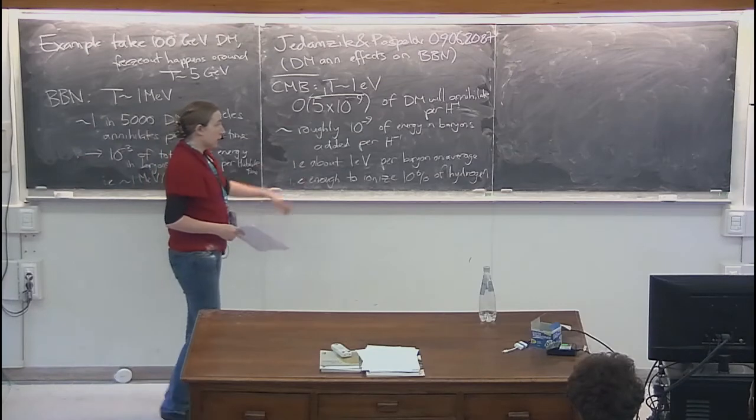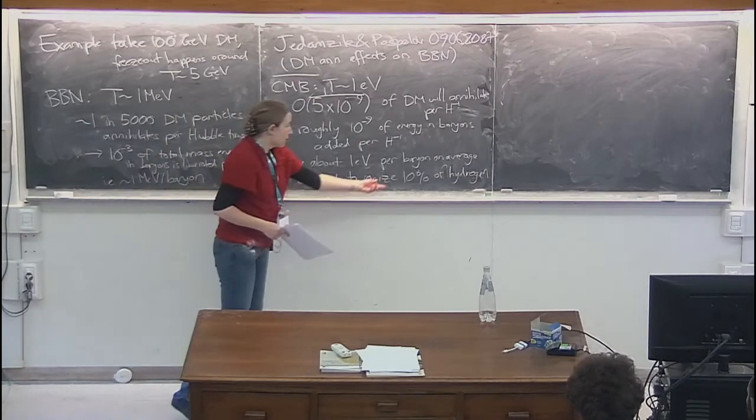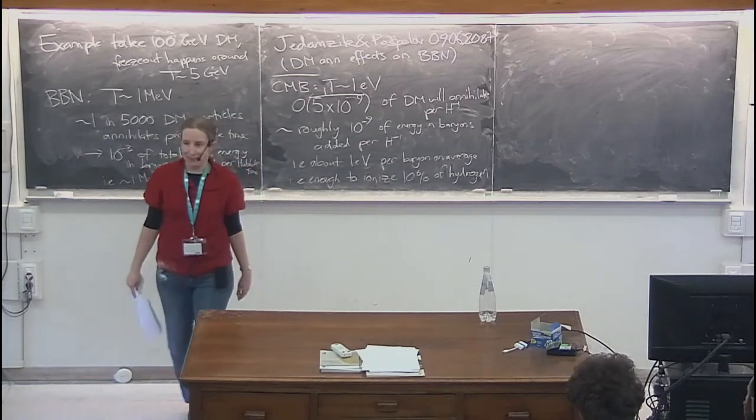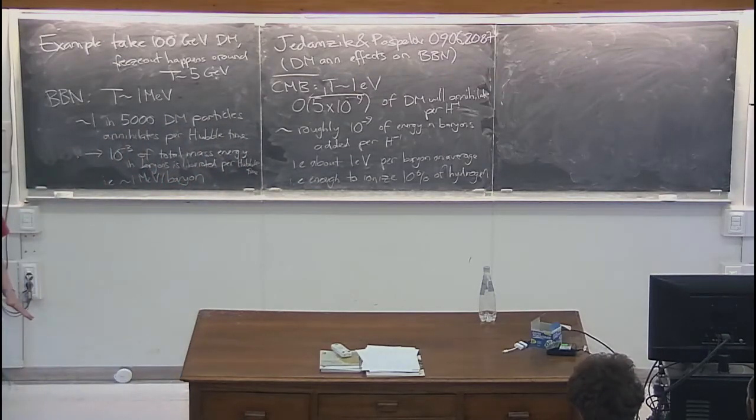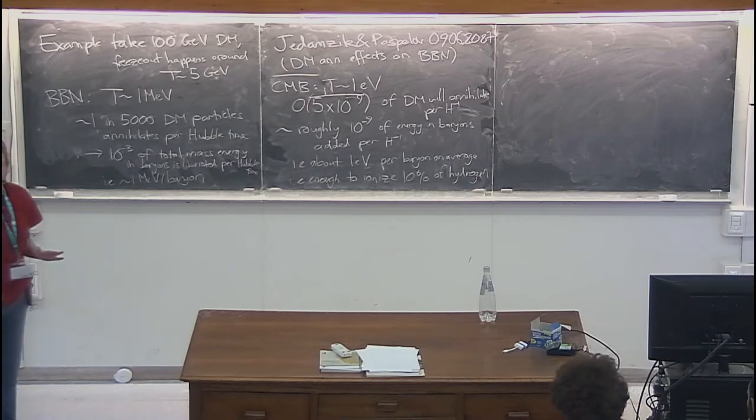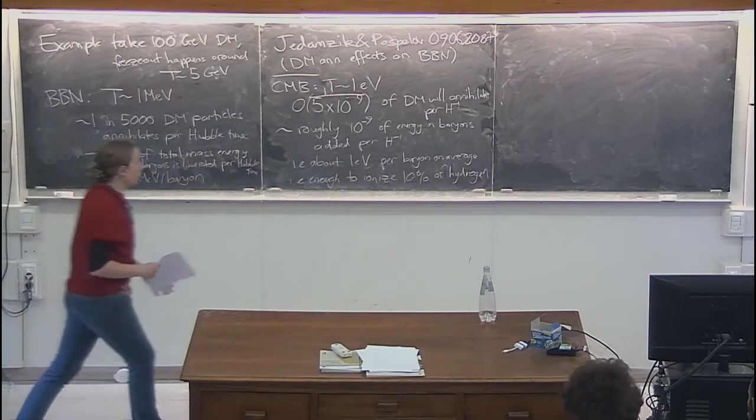So if you go down to redshift 500 or 600, and this is predicting that 5 or 10% of the hydrogen in the universe should be ionized by dark matter annihilation, then that's really ruled out. Like 1 in 1,000 hydrogen atoms being ionized is ruled out.